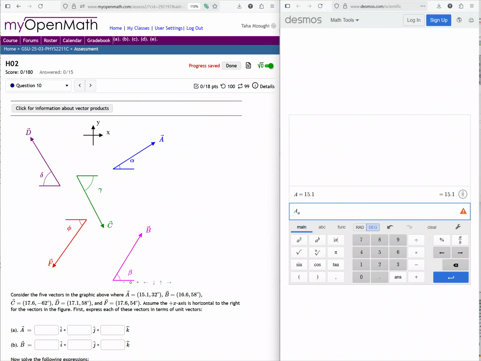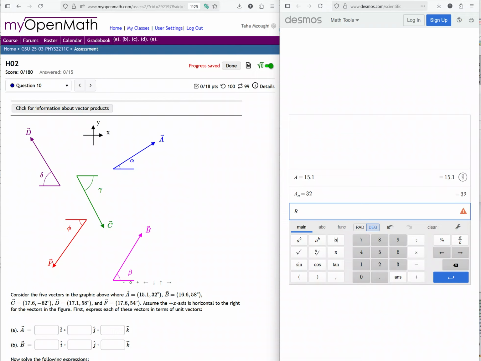So I did A, then the underscore key, and then the letter A, equal, and the angle, 32. Okay, and then I'm going to do the same for all of the vectors that are given.